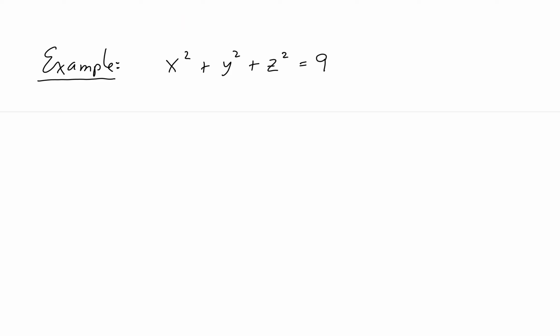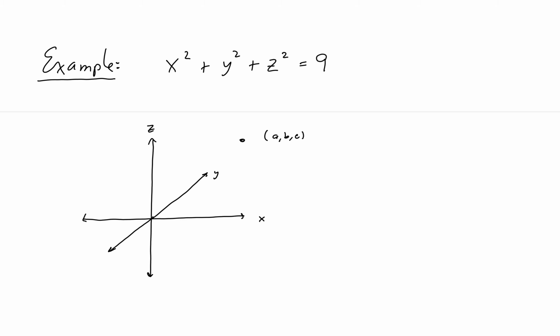So for this one, if we recall the distance between the origin and the point, so if I take some point up here, say A, B, and C, you can think of dropping this down.